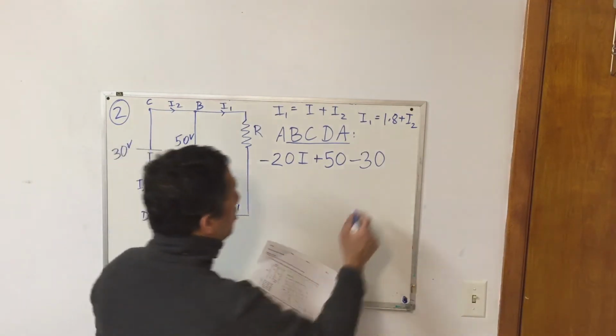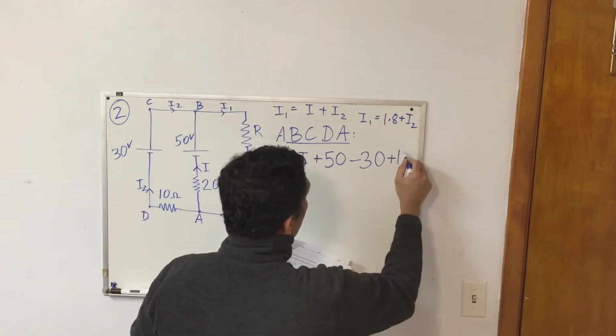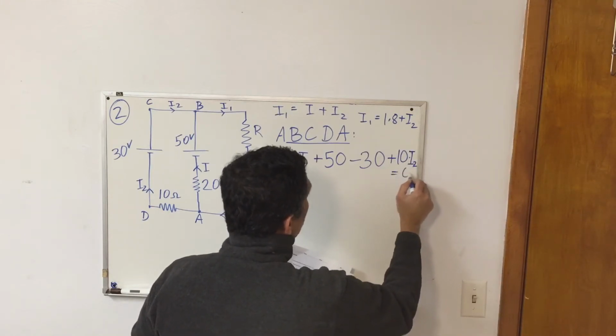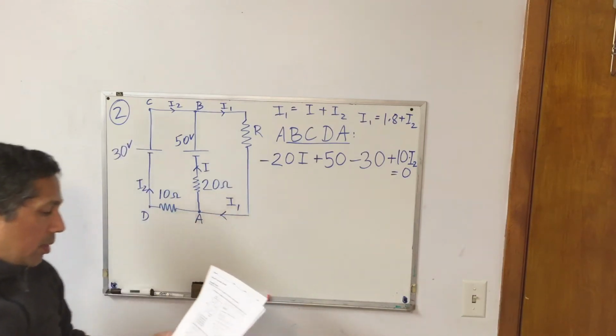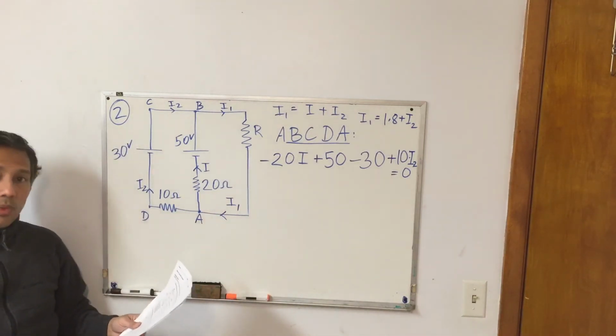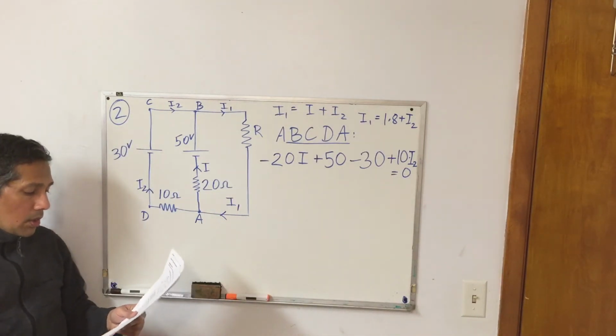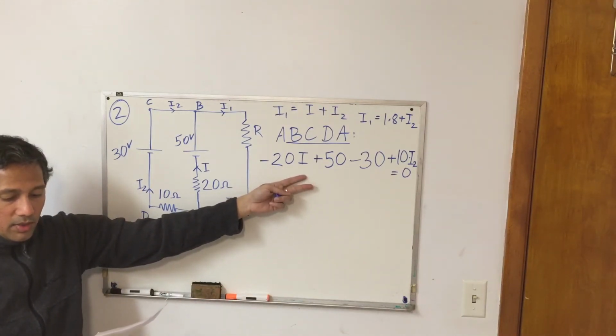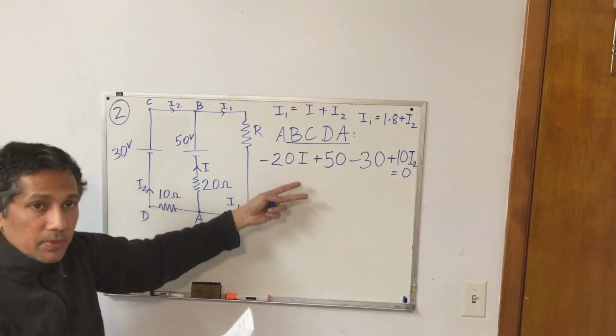I write plus 10 times I2, and the total has got to be equal to 0 because I'm coming back to A, so I should neither gain nor lose potential. Remember, we know the value of I, given to be 1.8 amperes.